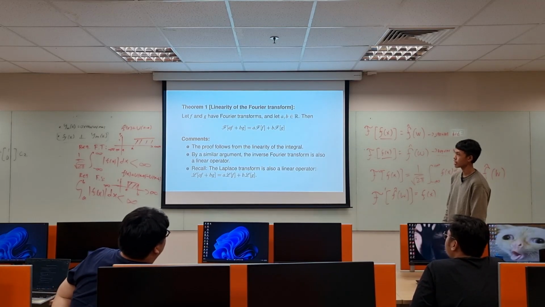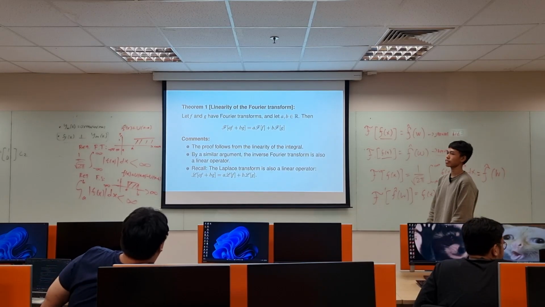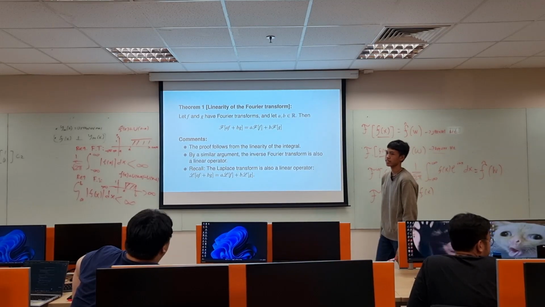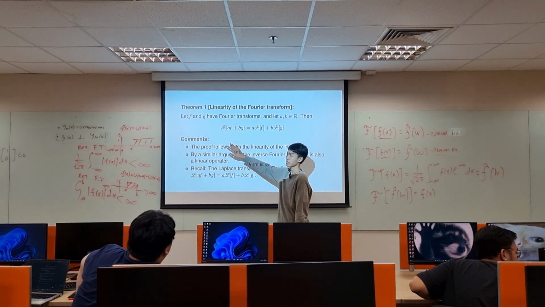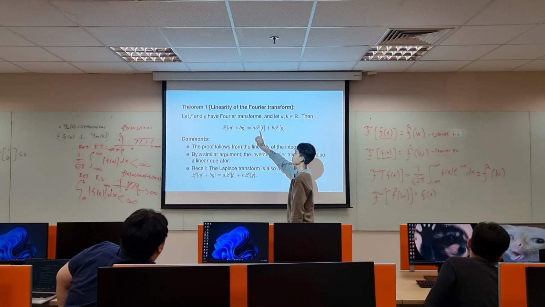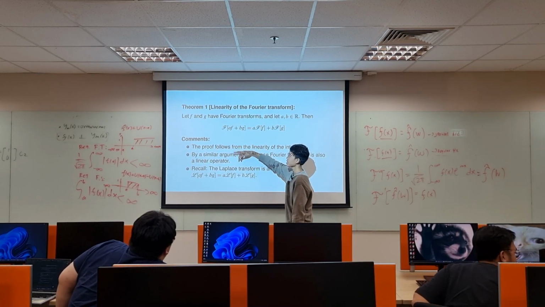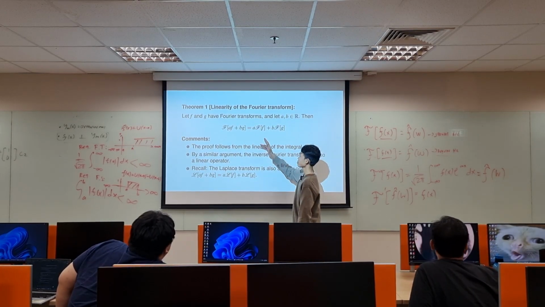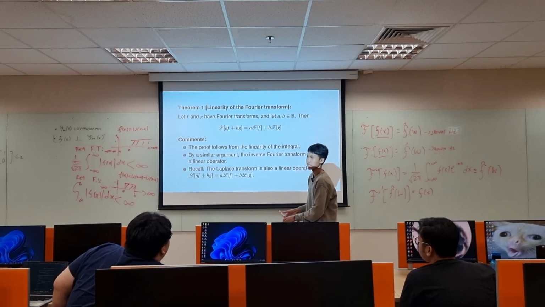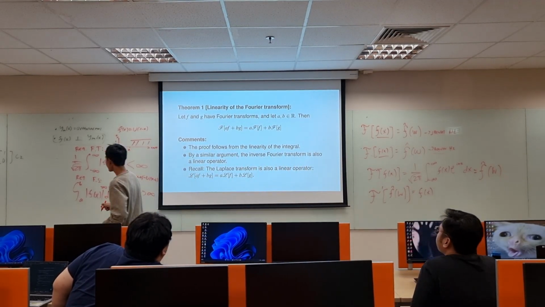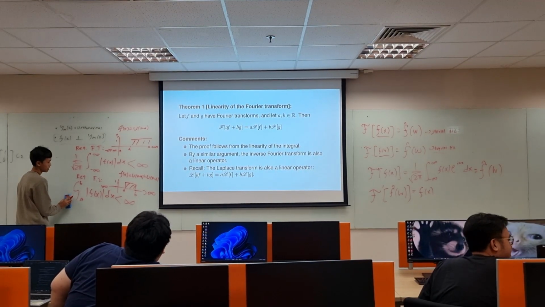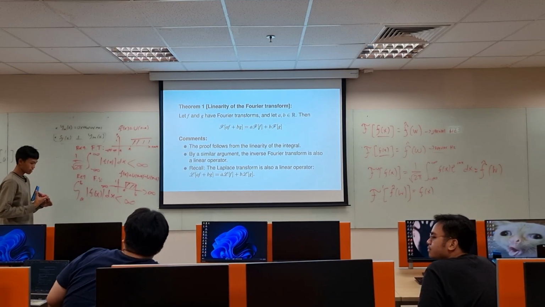So there are several properties that the Fourier transform has, which is linearity, as can be seen here. If you have the Fourier transform of A f plus B g, where A and B are constants, you can take A and B out.